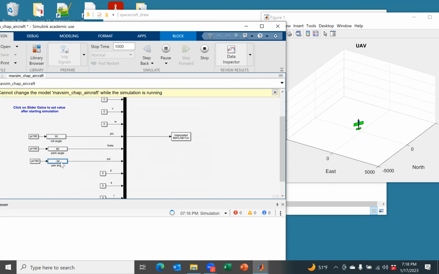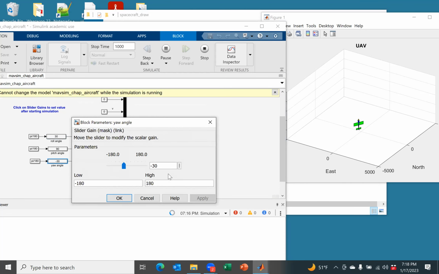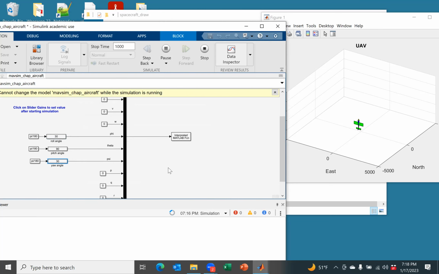Can you see that the result is finally it's rotating about the vertical plane. So there is no difference between yaw and roll. Check this out.